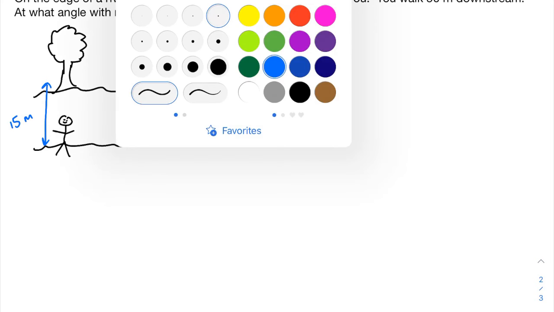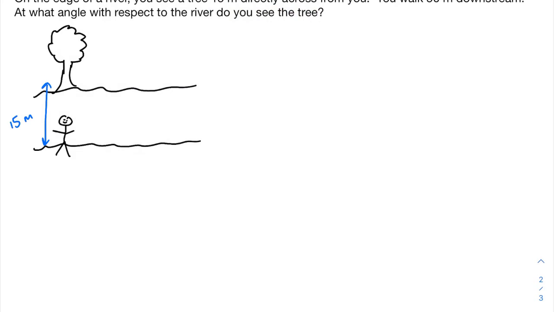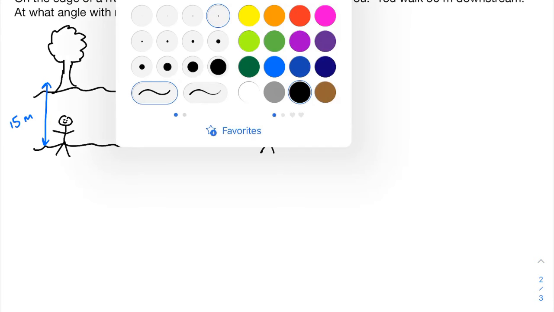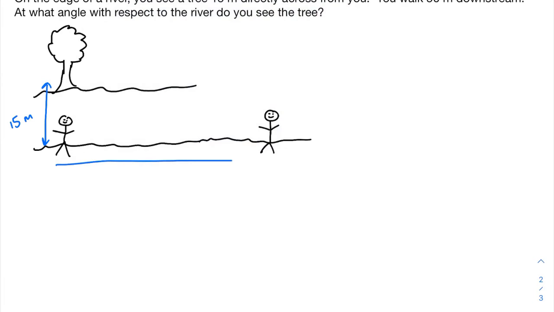And then it says I walk 50 meters downstream. So I'm way over here now. This is not to scale. Here I am. I've now walked 50 meters in this direction.